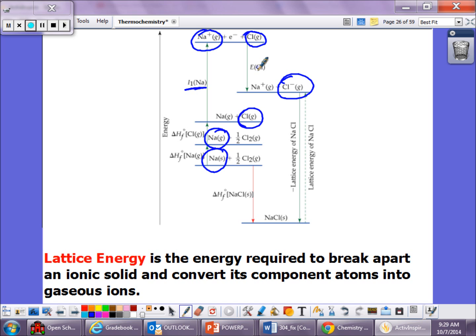And then that cation in the gaseous phase and anion in the gaseous state will get together to form an ionic solid. That's what we call lattice energy. What you need to know here is the different energies involved in the formation of 1 mole of an ionic compound in a solid.